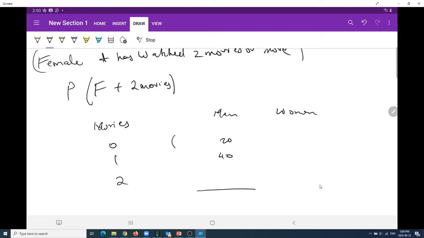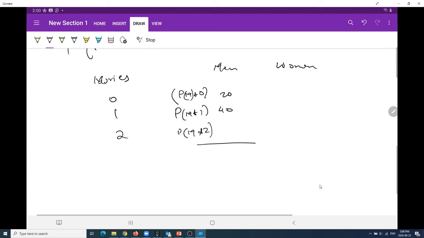This 20 can be thought of as the probability of a man and 0 movies, and there's a probability of a man and 1 movie, and a man and 2 movies or more.